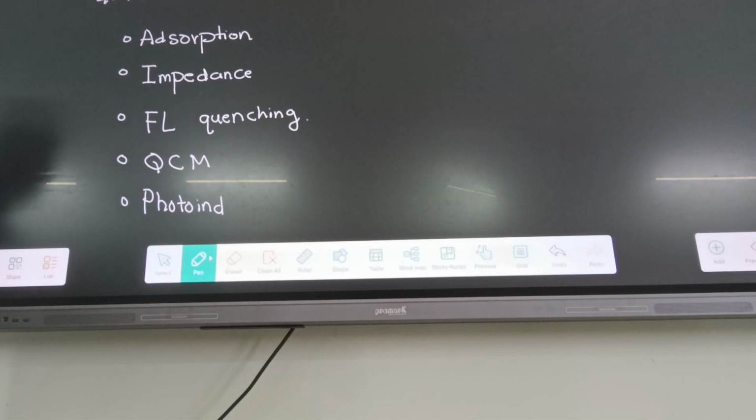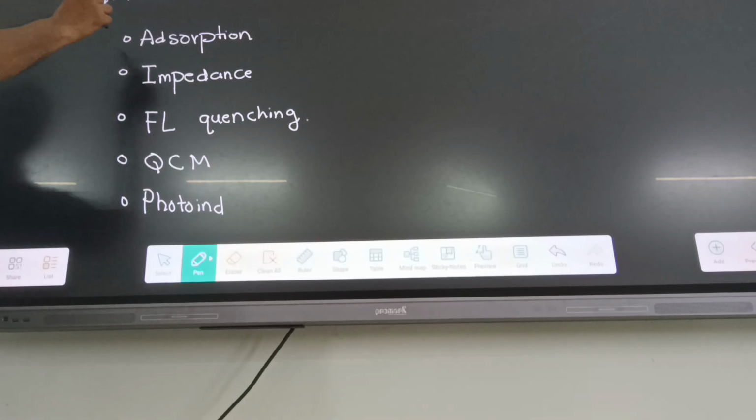Okay. So these are the different ways. Let's start with absorption.